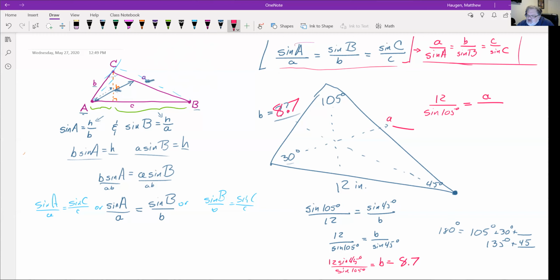This A in ratio to the sine of its opposite has to be equal. So this time it's 12 sine 30 over sine 105 equals A. But those are just numbers. We can find out what 12 times the sine of 30 divided by the sine of 105 is. What is it?